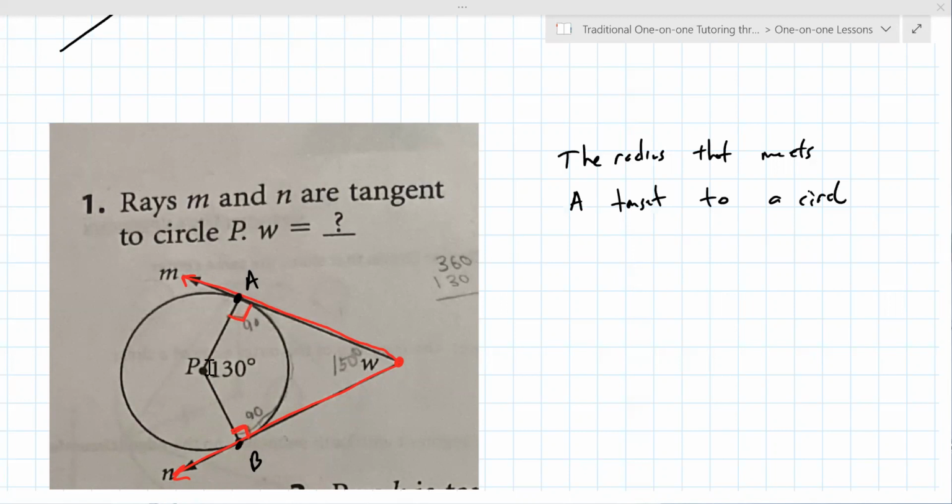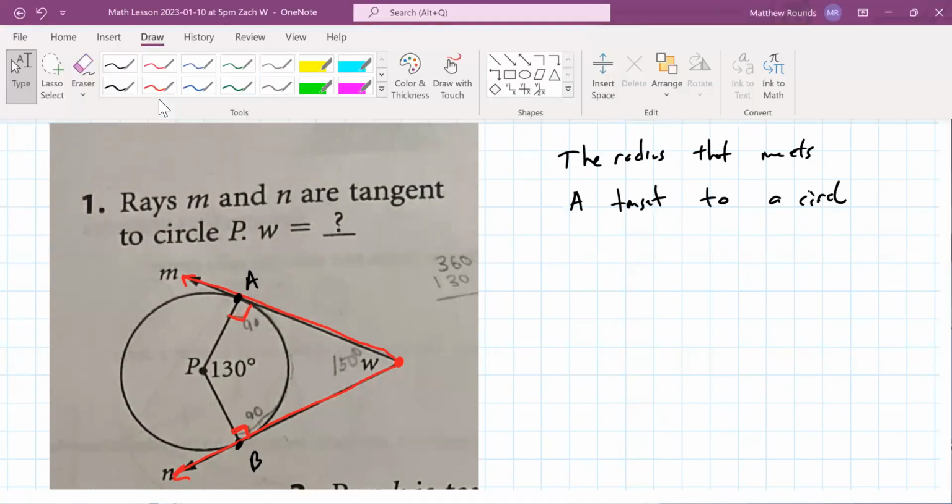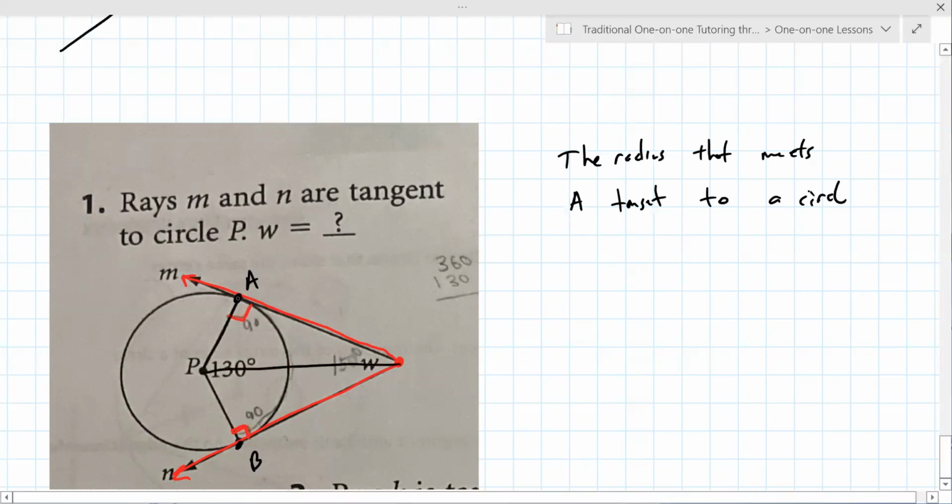I think what you're thinking of is what you see in problem two, but there is this triangle. I'm not sure what you're asking. Could you try it again?